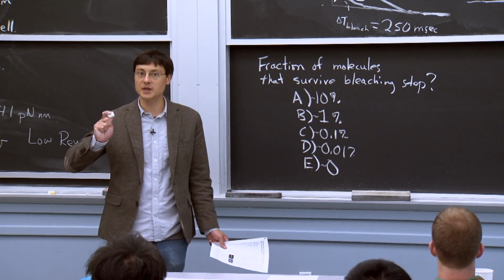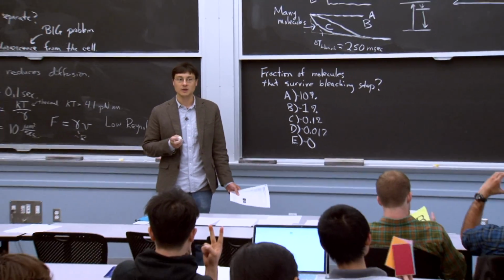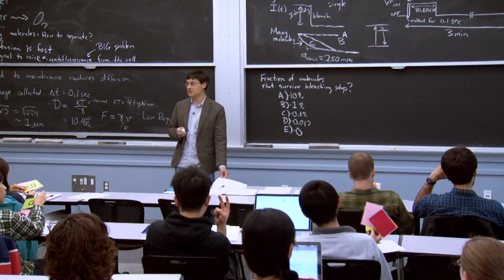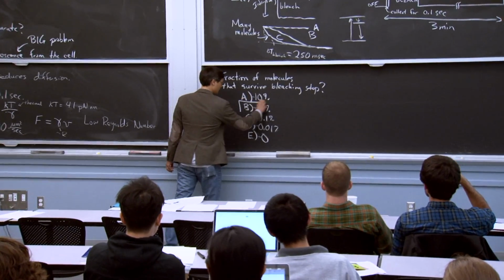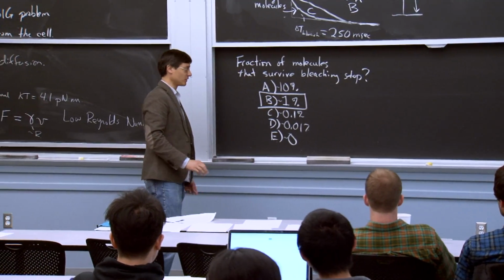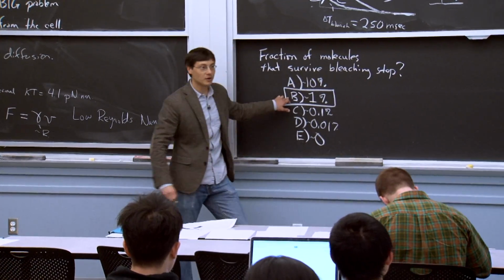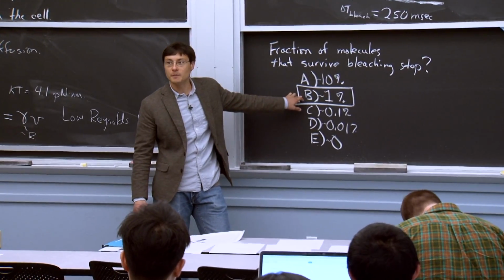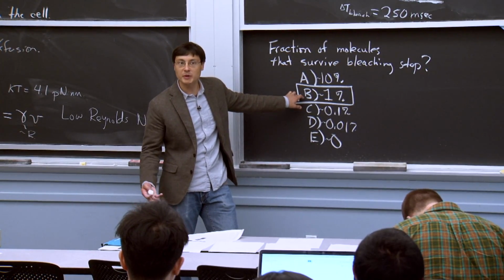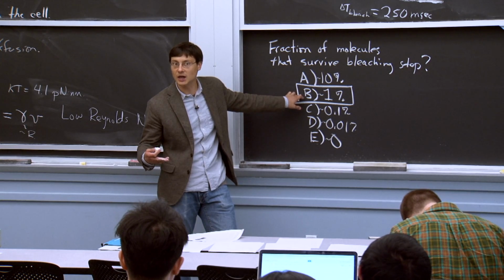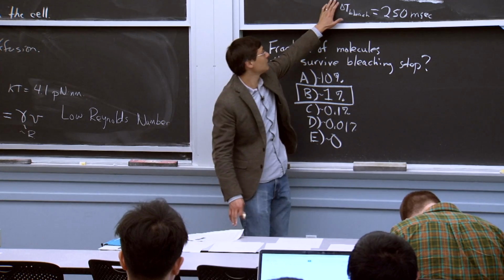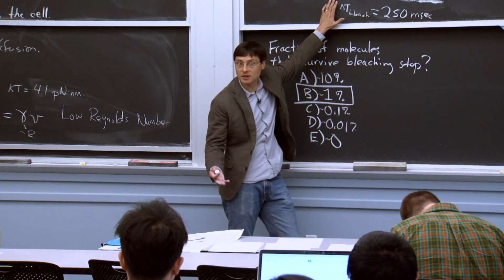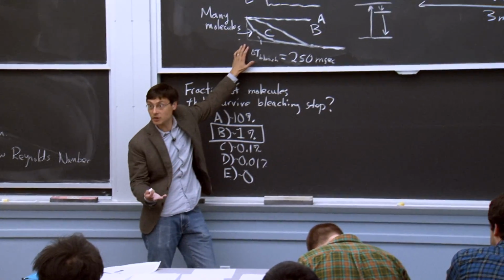Ready? 3, 2, 1. OK, so we have some B's and C's. I'm pretty confident it's B, although I'm a little bit worried now. All right, so what's going to happen? Basically, the probability that this thing survives as a function of time is essentially the same as the decay in the overall intensity of fluorescence for many molecules over time, right?